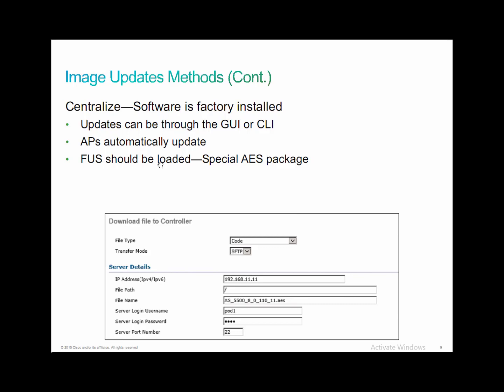And by the way, if there are issues that arise from that upgrade, you can switch back to the previous image because it maintains a copy of that image in the flash. You can do these upgrades from the GUI, or you can do it from the command line interface using three different options. You have SFTP, TFTP, and FTP. And you can see that in the transfer mode.